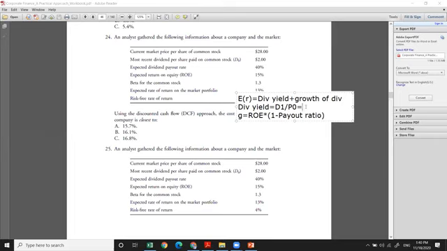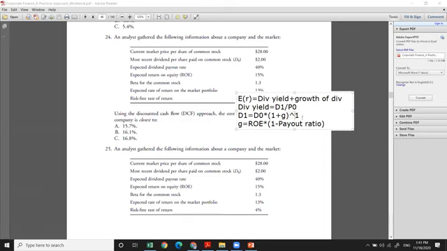D1 is equal to D0 times 1 plus g, to the power of 1, because it is D1.